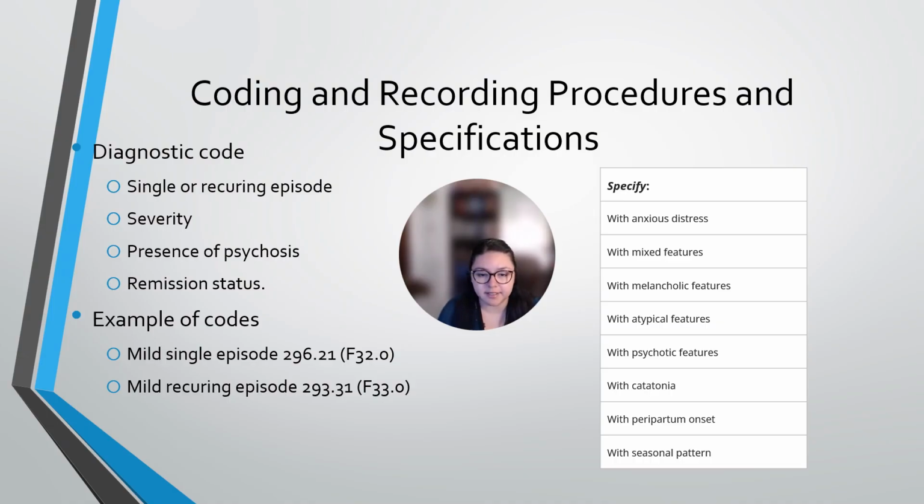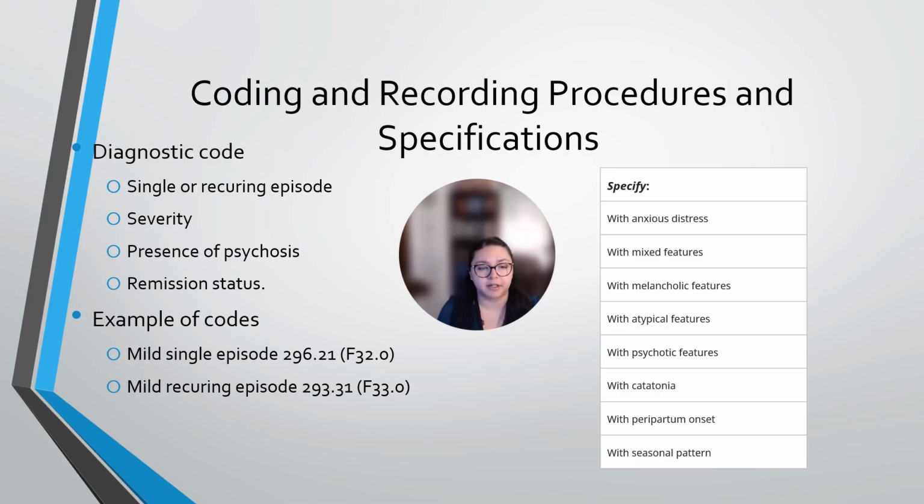So right here, this is going to be interesting. I know you were all in master's level courses, maybe at the beginning of your program, but this is what you're going to be seeing when you're diagnosing somebody in the field. So here's an example of a diagnostic code. Here are the different types of details to give more insight into what's going on for the client.